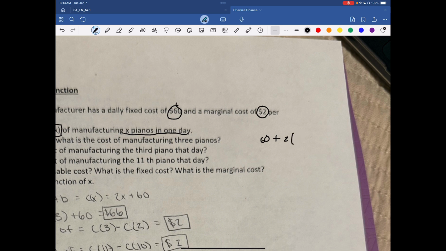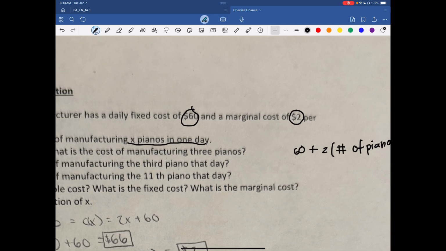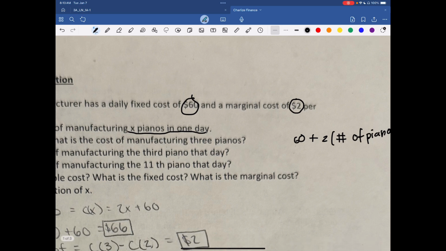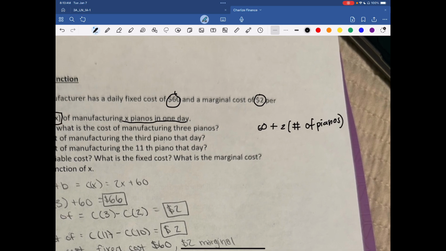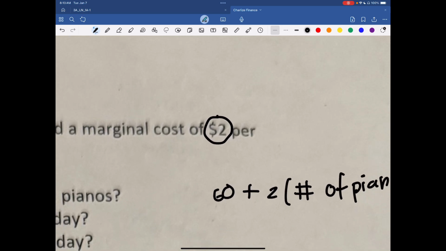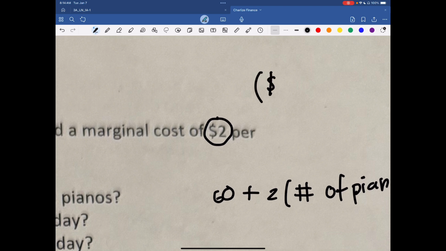And it should make sense because, let's say a person made 4 pianos a day and you want to calculate how much it costs to make 4 pianos, you would calculate the cost to manufacture a piano, which is $2, times the number of pianos, which was 4.